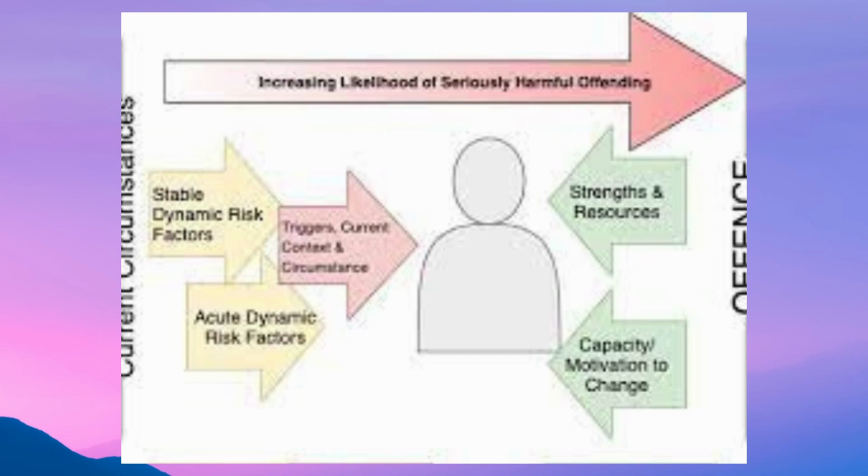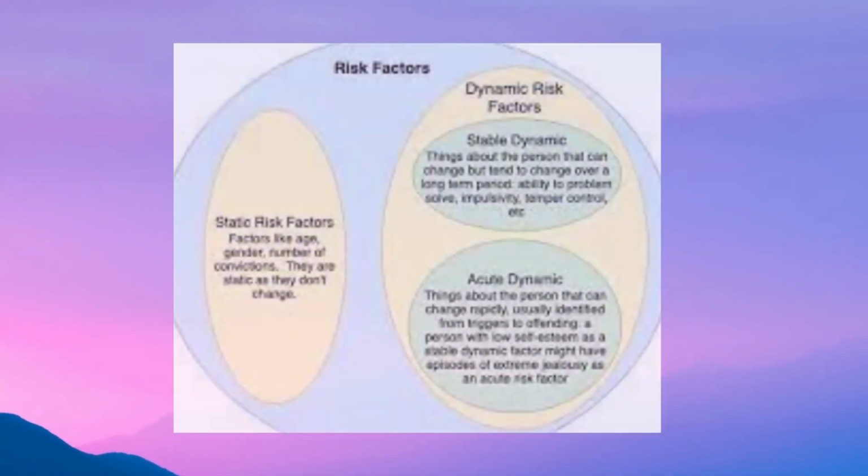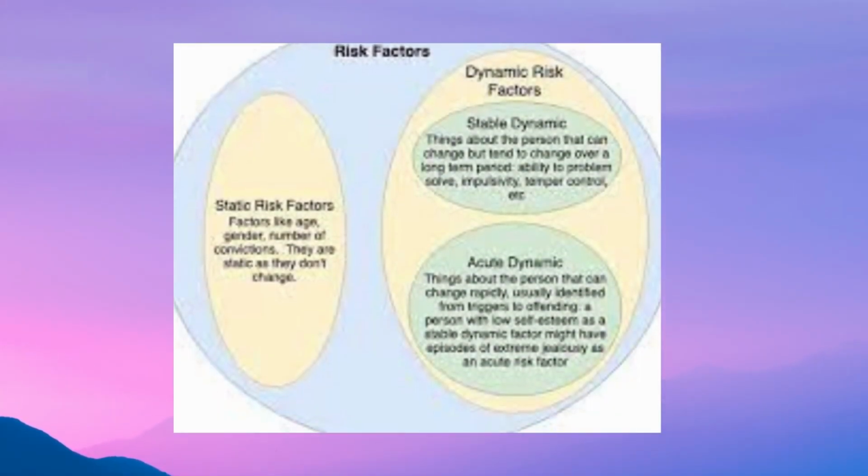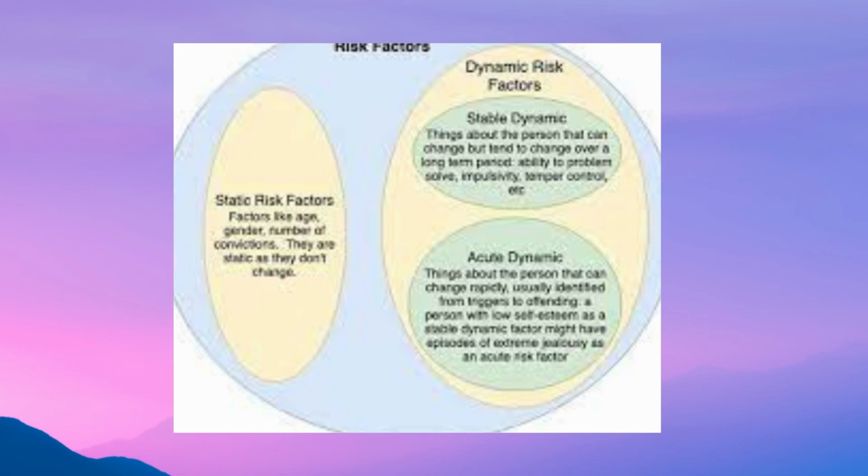These risk factors can be further distinguished in terms of static and dynamic, meaning that there are some static risk factors that remain the same over time, such as family background, age, gender and childhood abuse, whereas some dynamic risk factors can change, such as unemployment, peer influences, drug use, psychiatric symptoms and criminal activity.